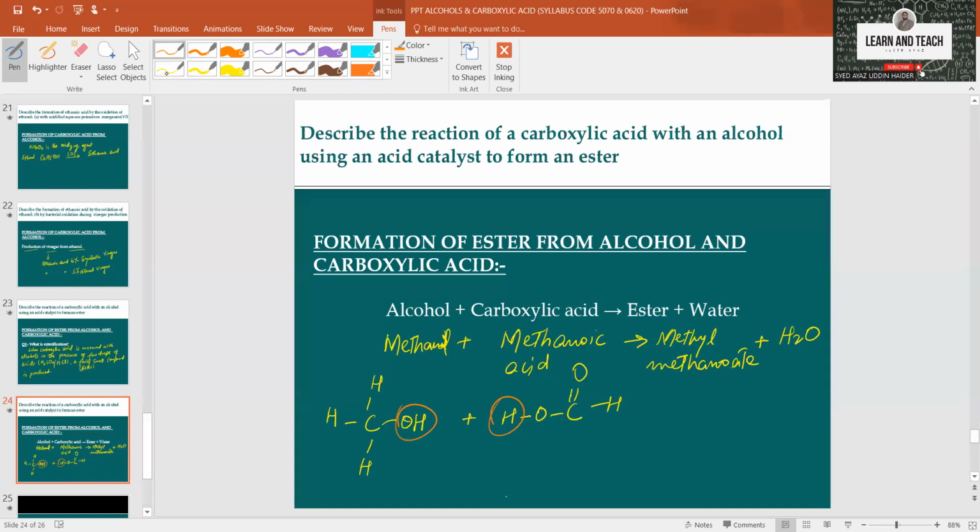So you're getting alkyl from alcohol. In this case, you'll get methyl alkyl from the alcohol and the alkanoate coming from the carboxylic acid. So you'll get methyl methanoate. Formula will be like this. HCOOCH3. This is methyl methanoate.